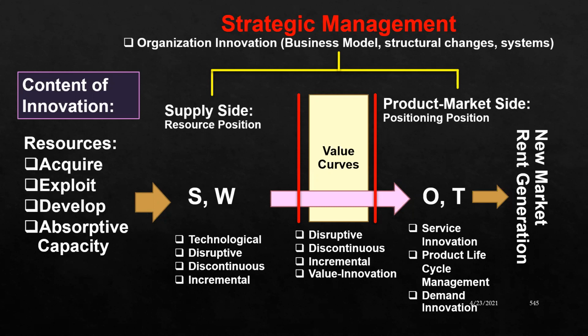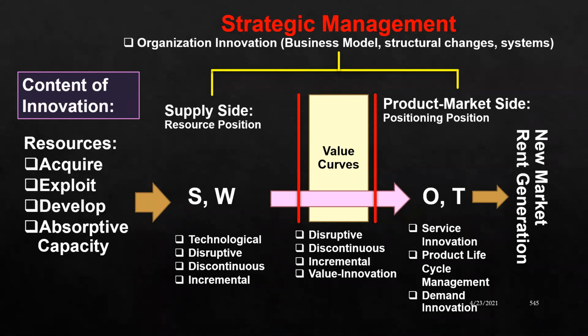Or lock-in effects with the customers and our business ecosystem stakeholders, or how we deal with strategic offensive and defensive capability and things like that. So along each of the strategic management processes, a lot of innovation is involved.